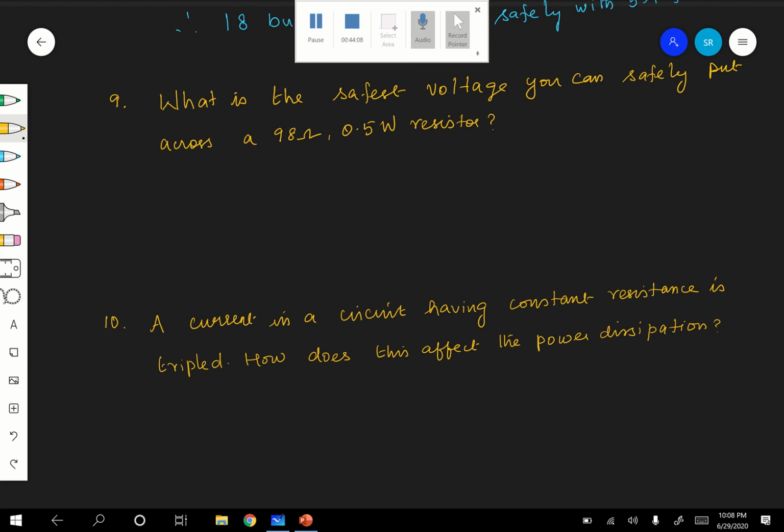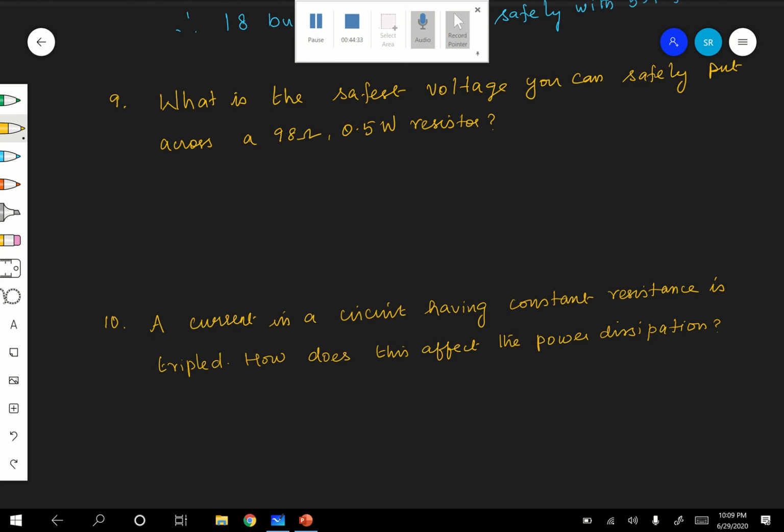Next is, what is the safest voltage you can safely put across a 98 ohm 0.5 watt resistor? Very simple question. These are 1 mark questions. What is given?